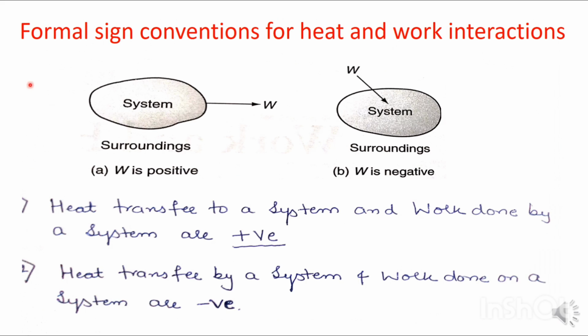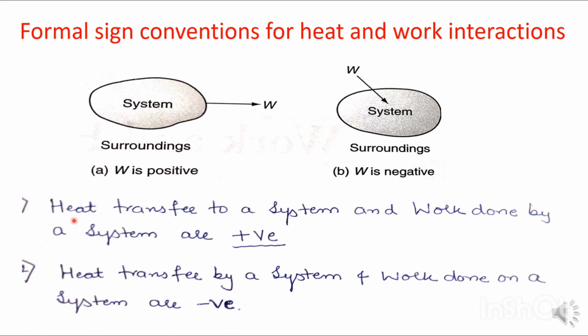Now let us see some formal sign conventions for heat and work interactions. If this is the system, and the work is done by the system, then we call the work positive. W is positive here. If the work is done on the system, then we consider this work as negative.